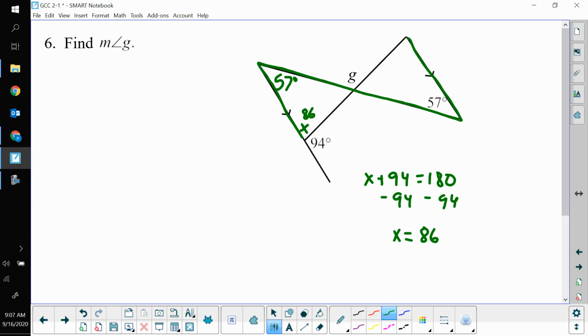We can find this angle here because they have to add to 180. So let's call that y. So y plus 57 plus 86 has to equal 180. If we combine like terms, that'll be 143.